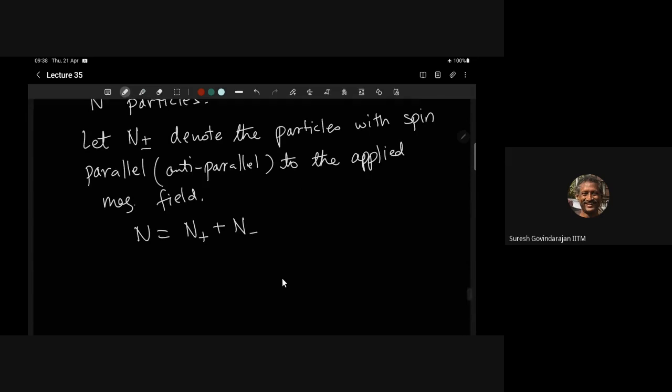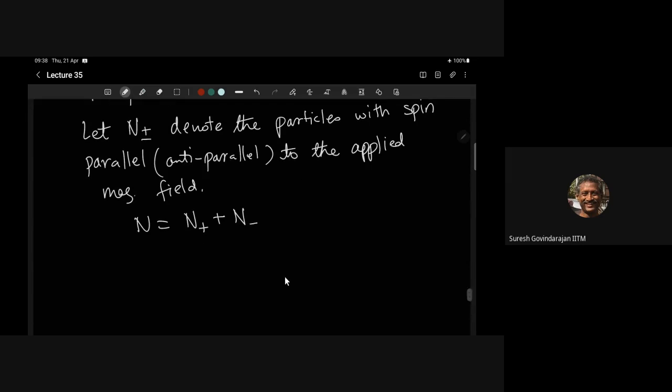And one more thing is that the magnetization of your sample M will be equal to what? N plus minus N minus into mu.